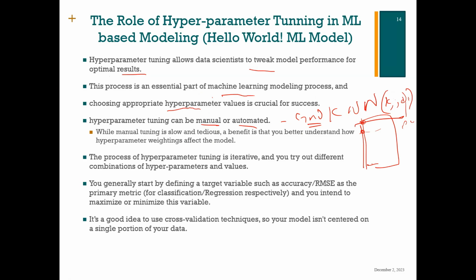However, the often recommended approach, especially for beginners, is manual, or what we call random search, or what I call systematic manual search. While manual tuning could be slow and tedious, a benefit is that you understand better how the hyperparameters affect the model.